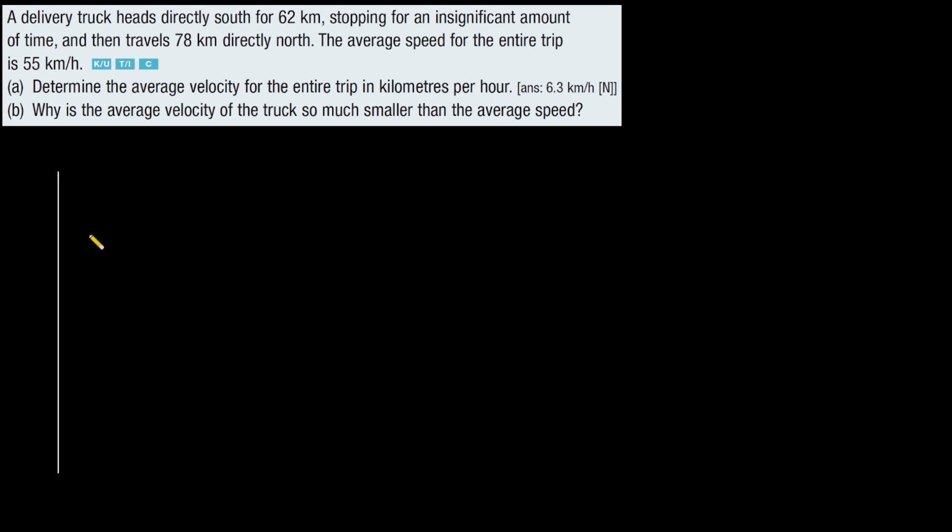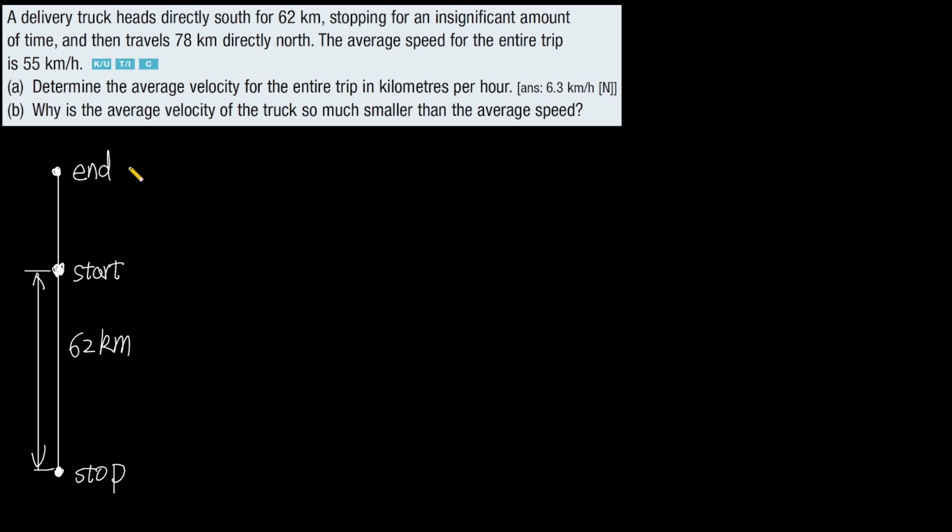The truck moves on a straight line. Its start point is here, and it stops at here. And it ends at here. The distance between the start point and the stop point is 62 kilometers.